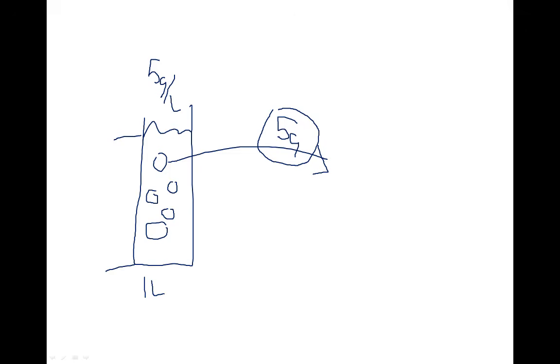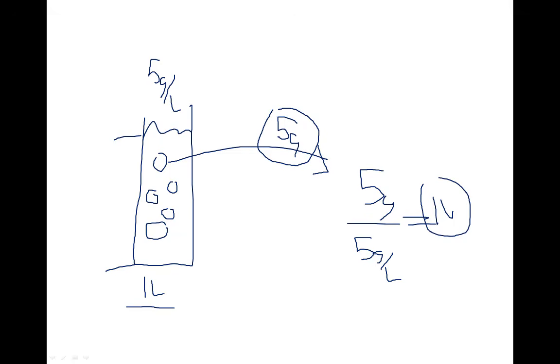Now we know it's 1 liter because I told you it was 1 liter at the beginning of this exercise, but if we didn't know it was 1 liter, we could easily calculate that. We would take the 5 grams which were removed from the body and divide by the concentration of 5 grams per liter, and this would give us a clearance of 1 liter. So the amount removed by the kidneys divided by the concentration in the plasma will give you the clearance, and that represents the volume that held the amount of the drug that was cleared by the body.